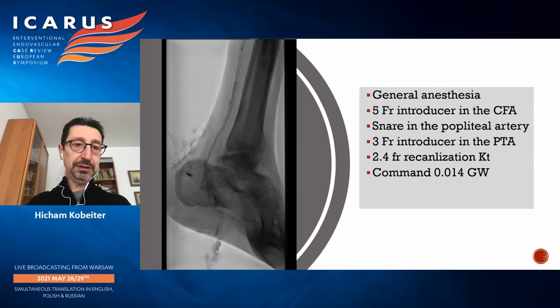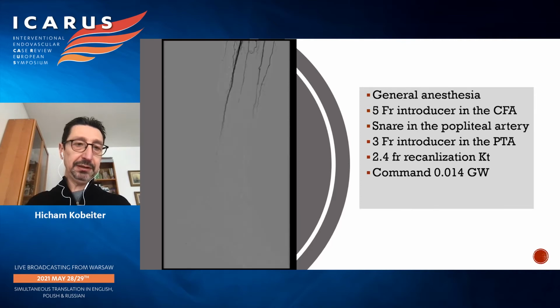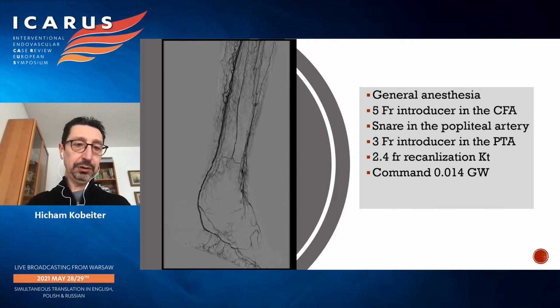See, the flow is not so good, so we decided to push the guide wire further and take a 2 millimeter diameter balloon and push it very far in this posterior tibial artery, into the plantar arch. And here we can see the final control with a good outflow.